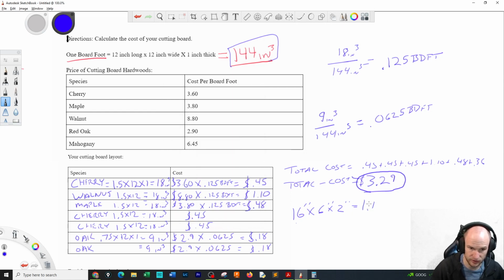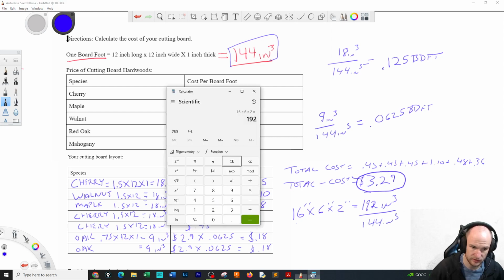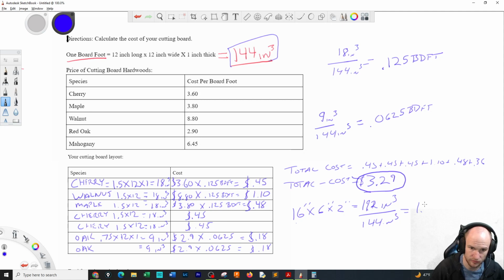So if that board was 192 inches cubed, we would just take that 192 and we divide it by 144 inches cubed. So divided by 144, and that would mean that that board was 1.3 board feet.